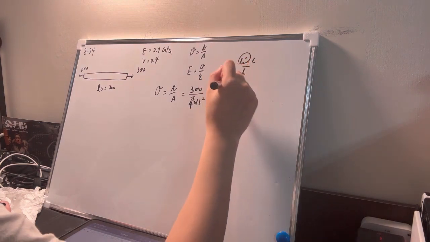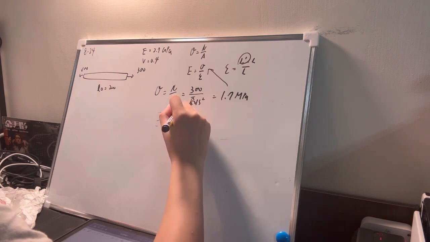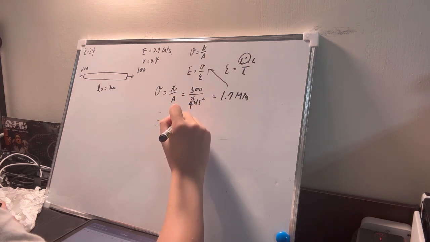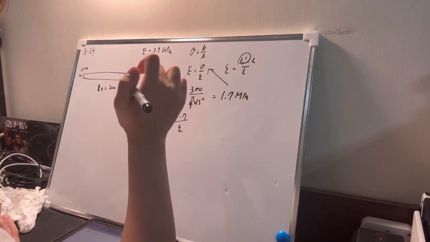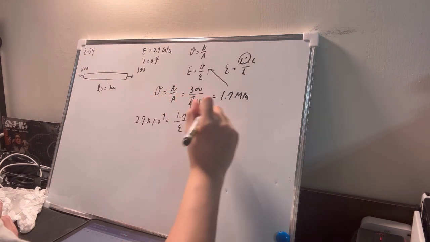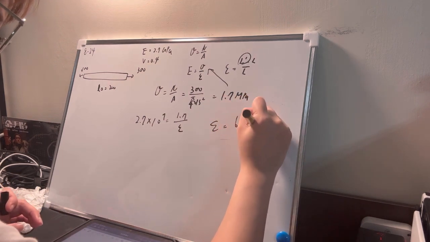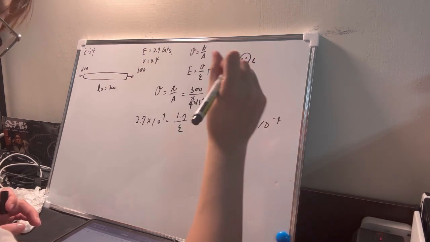And we use this in this function, so sigma here is 1.7, and E already tells us it's 2.7 times 10 to the 9 here. So we can get this here is 6.3 times 10 to the minus 4.